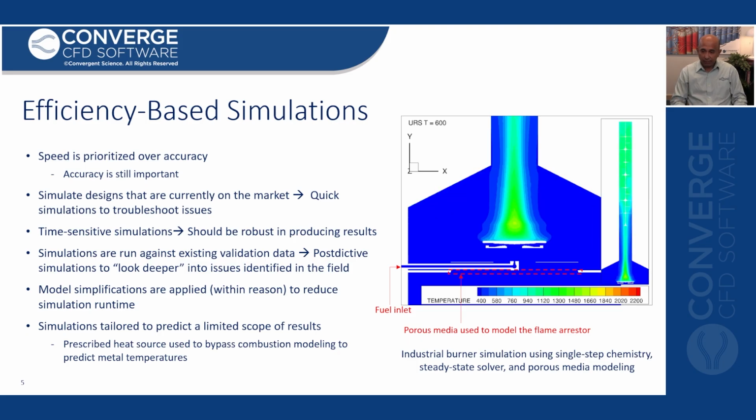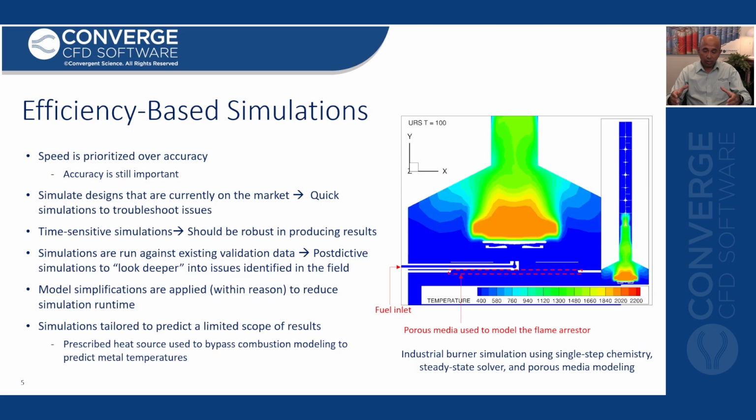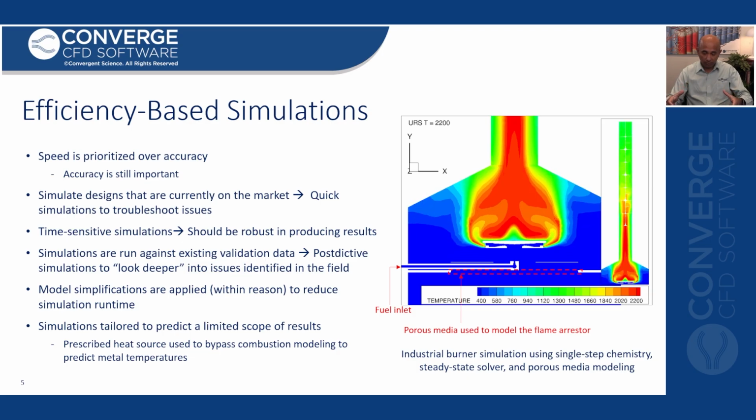On the right-hand side, I'm showing a burner simulation, and I will come to this simulation later on as well. For example, in this burner, you have the fuel-air mixture coming from the bottom. So there's a fuel inlet, and the air comes in from the bottom.